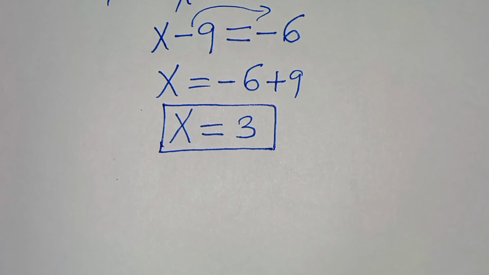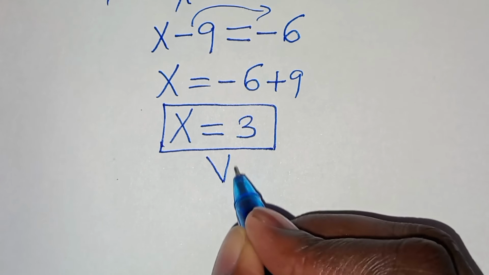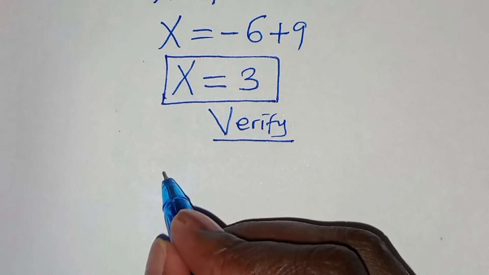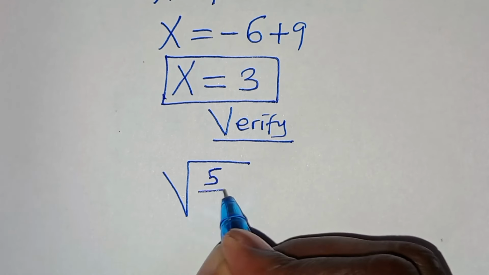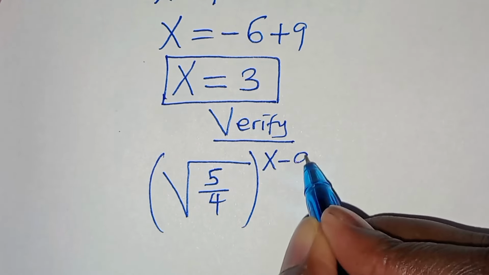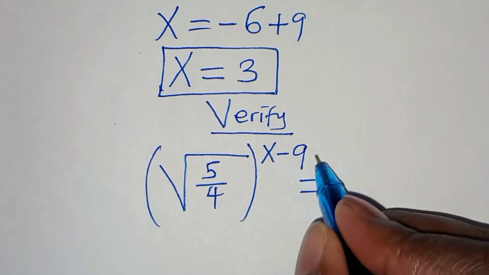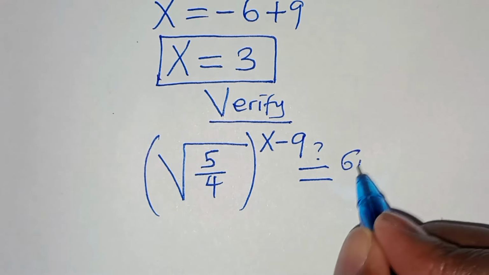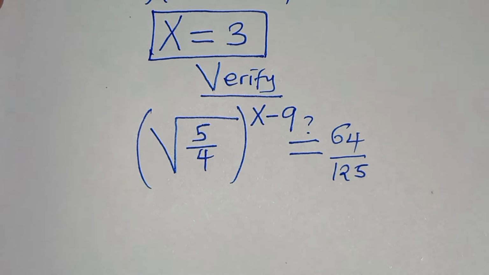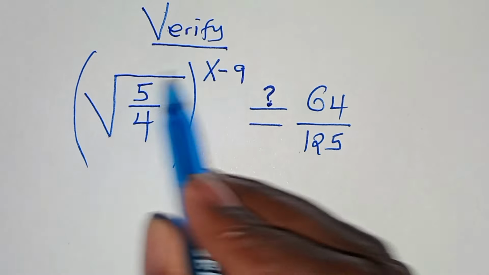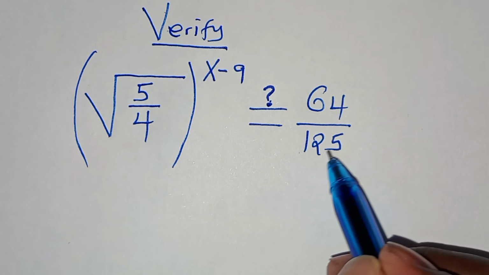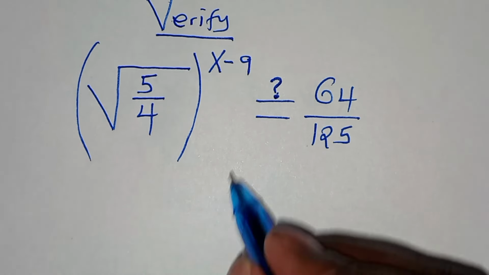The next step is to verify that this value of x satisfies the equation. Let's verify. Remember, we have the square root of 5 over 4 raised to the power of x minus 9, and this is supposed to give us 64 over 125. Let's substitute the value of x.